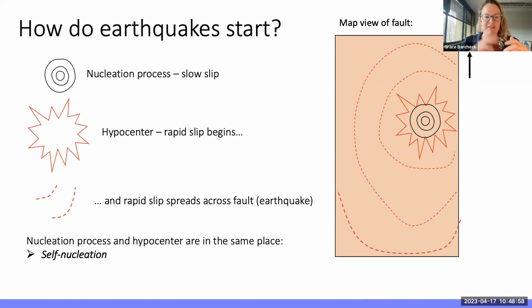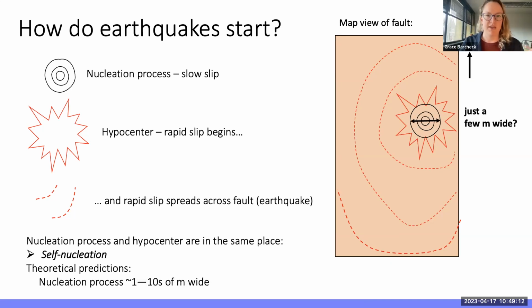This is how classical nucleation theory predicts earthquakes begin, with the nucleation process in about the same place as the eventual hypocenter, which we call self-nucleation. Given conditions in the earth, we would predict this to be a few meters, not very big, something pretty hard to see from the surface, despite lots of trying.